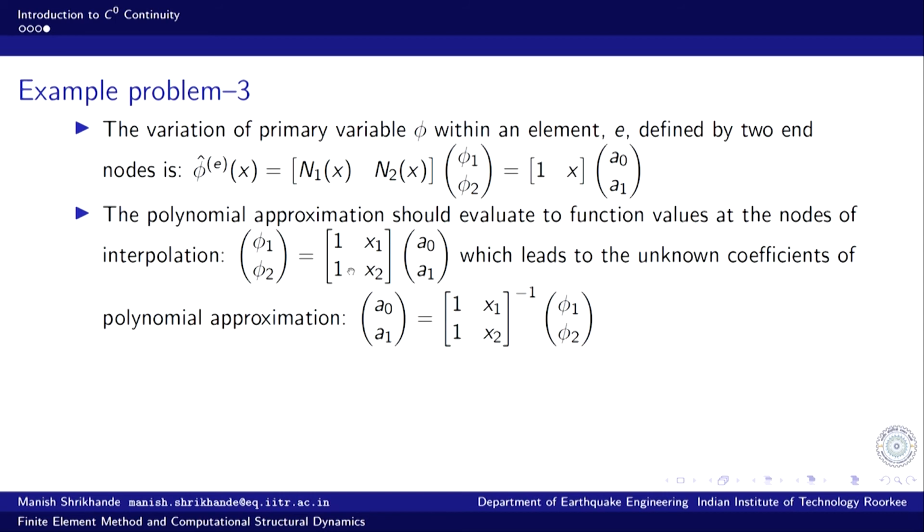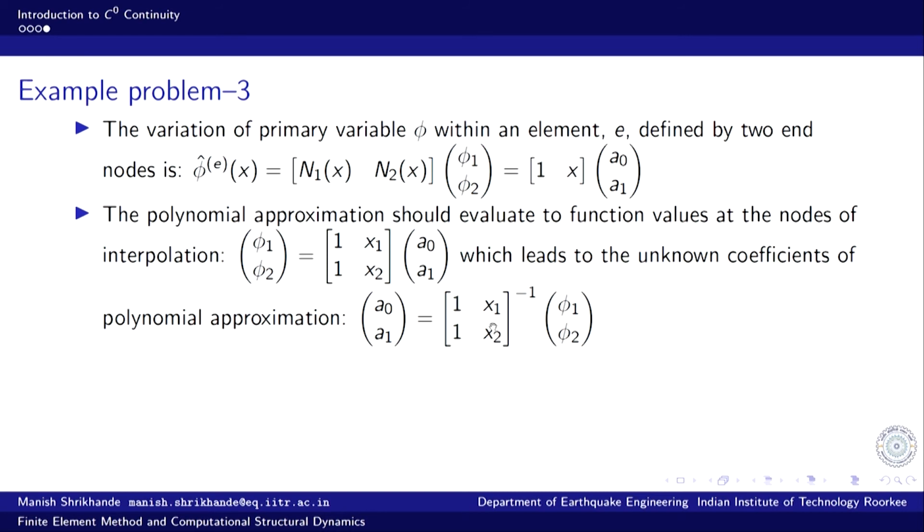And because this matrix is known, the coordinates of the nodes are known a priori. That is how we decided the nodes when we discretized the domain, converted the physical problem into an assembly of finite elements. So, nodes are defined by their coordinates. These coordinates x1 and x2 are known to us, and therefore this matrix can be inverted.